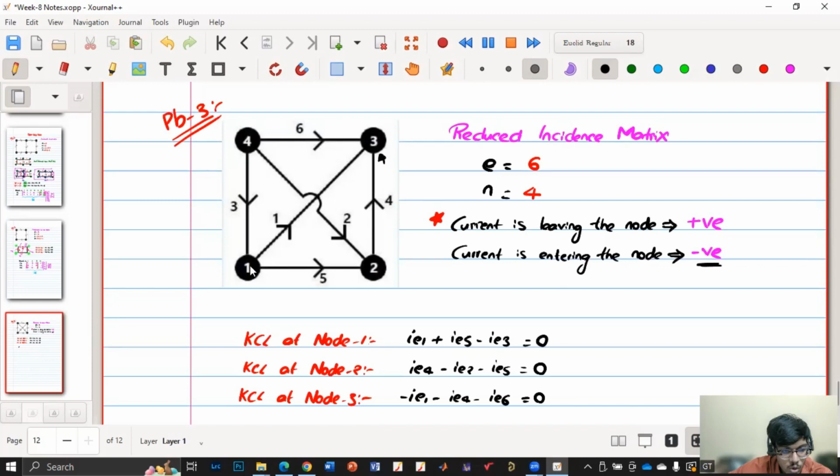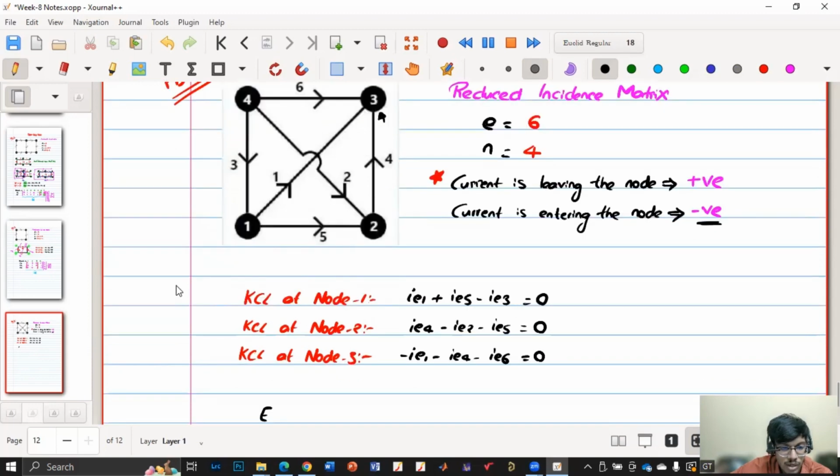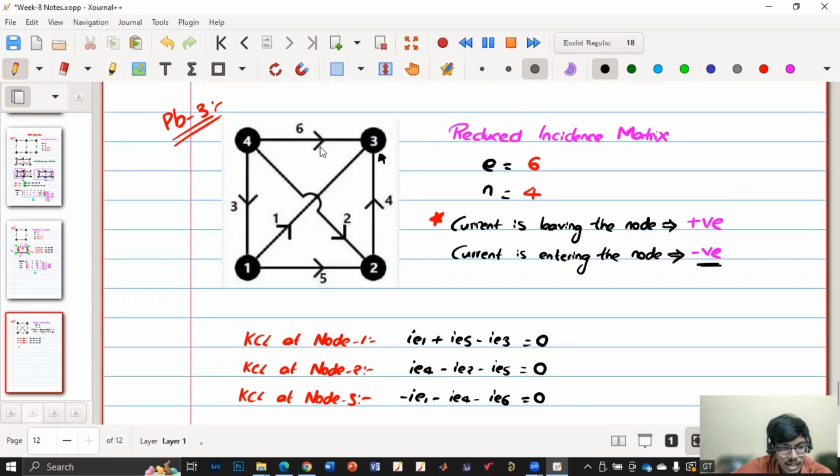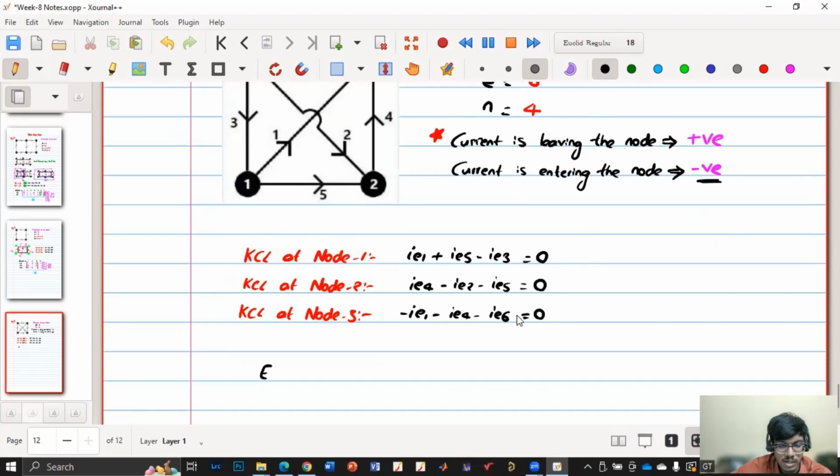At node 1, this is leaving, so it is positive. This is entering, so it is negative. This is leaving, so it is positive. At this node also, you have to follow the same convention. All are entering, so all are negative, so minus should be there. Else our matrix will not match. So the convention is fixed, you have to follow it.